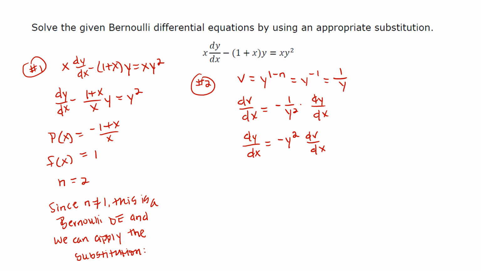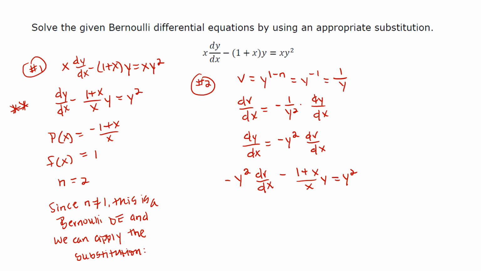Okay, so now that we know the expression for dy dx, we can substitute this into our original equation. Okay, so when we do that, we'll have negative y squared dv dx minus 1 plus x over x times y equals y squared. Okay, and this right here is my original equation that I substituted the dy dx expression for.